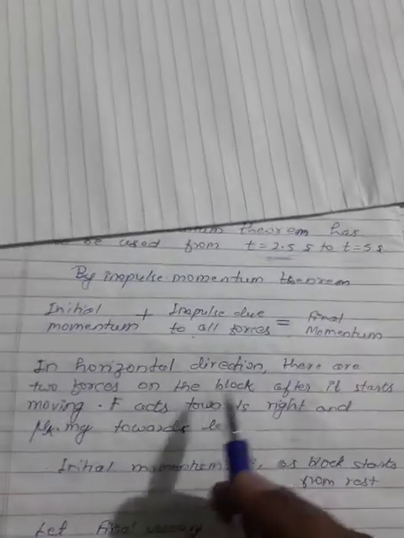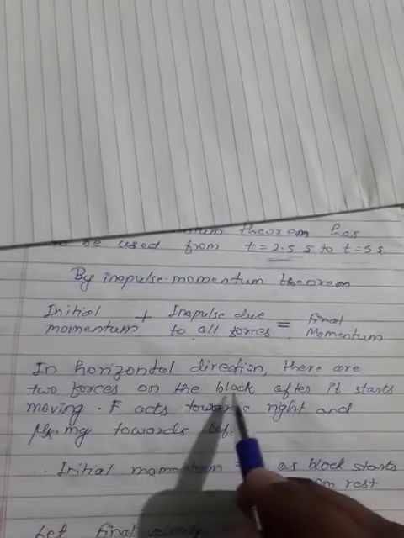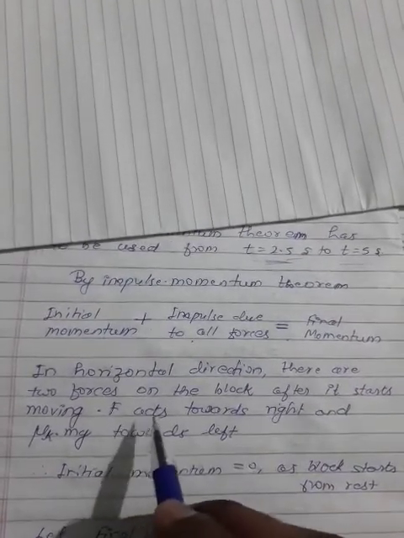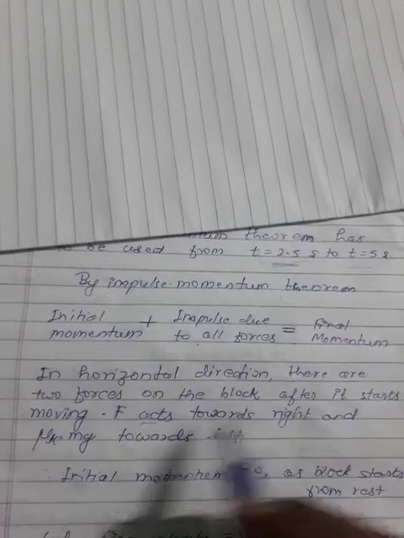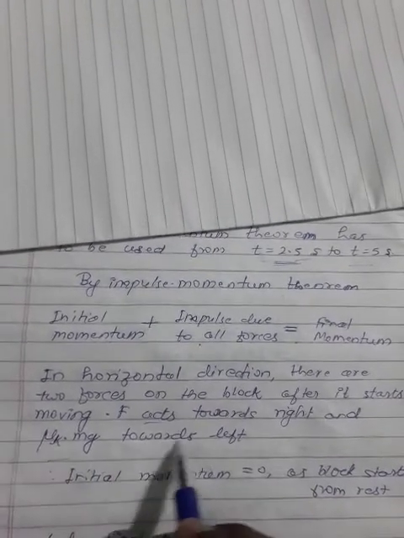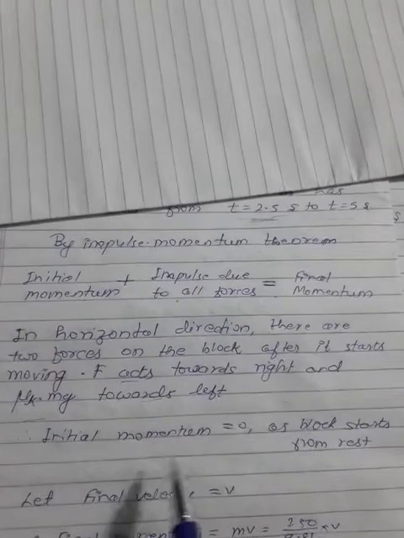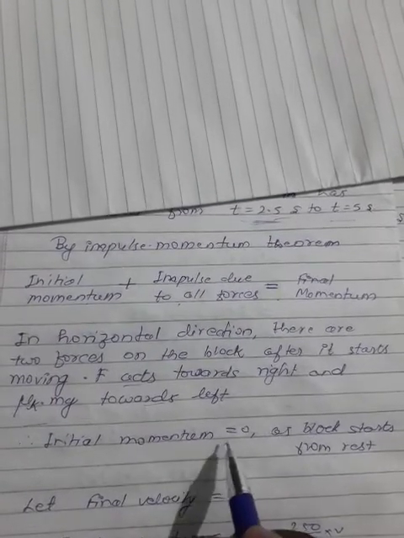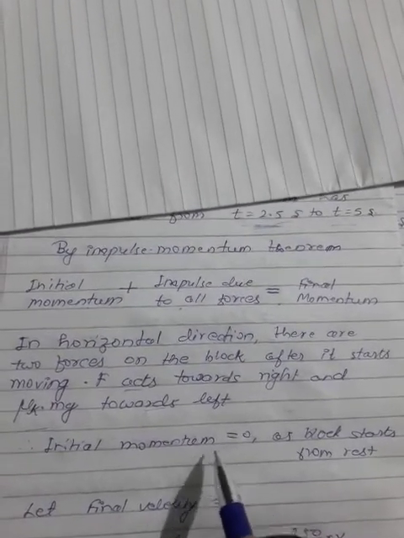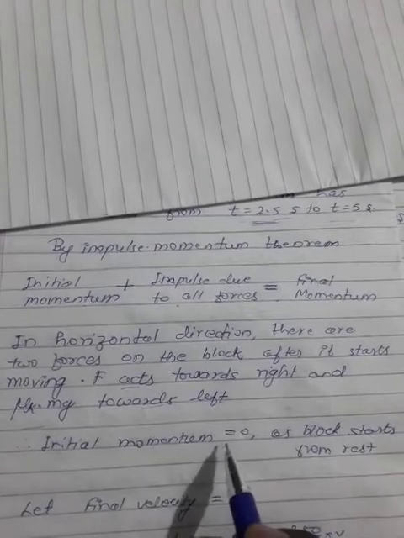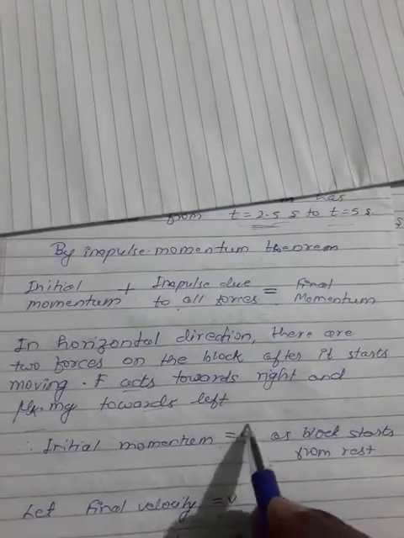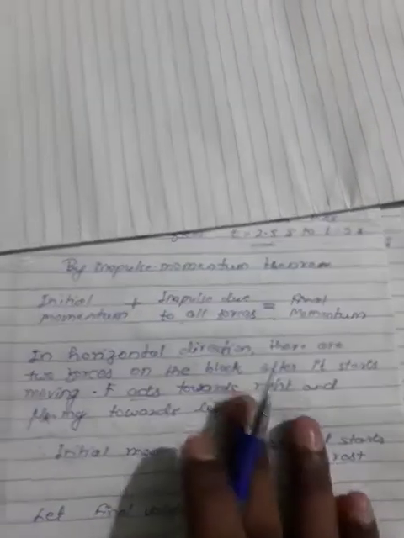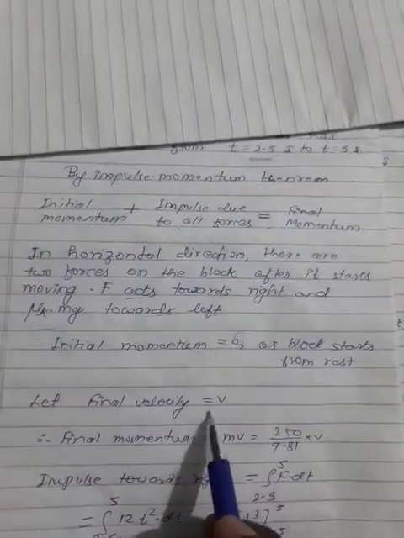In the horizontal direction there are two forces on the block when it starts moving: F acts towards the right and the frictional force mu k into mg towards the left. As it starts from rest, initial velocity is 0, so initial momentum m into v1 becomes 0. Now I am considering the final velocity as v.